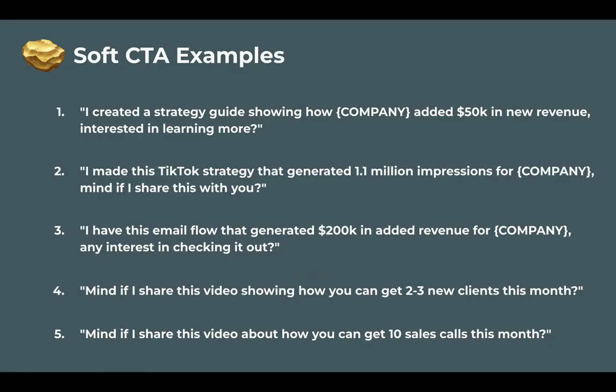What you'll notice here is that one of the things that works really well is having numbers in your copy. This applies to the overall copy, the CTA or the whole body. The typical thing is that you say, hey, I can generate 50K in revenue within 30 days.